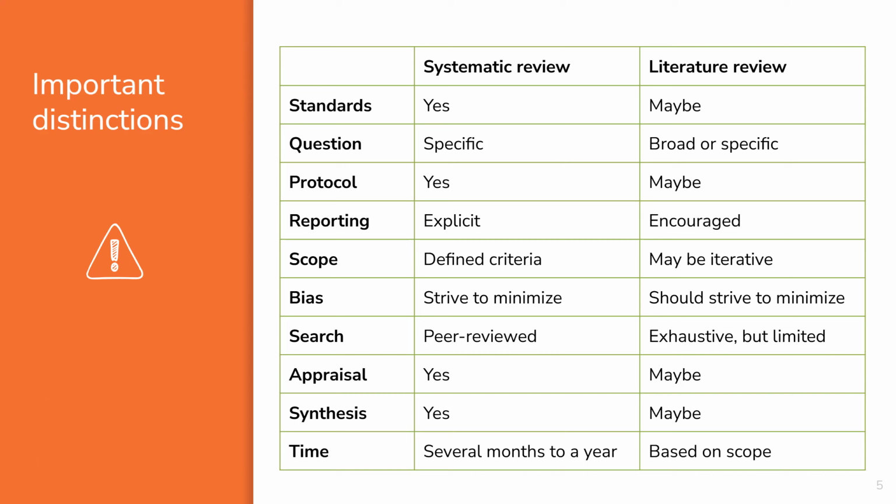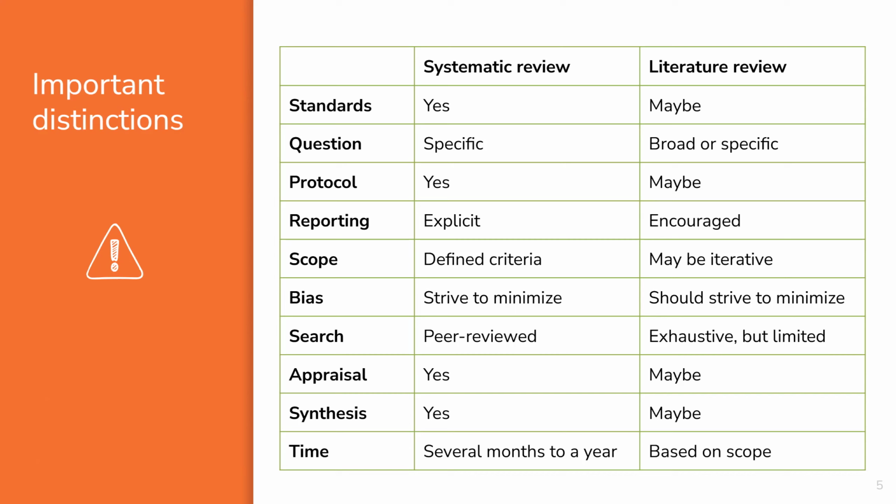The scope. So this is another defining criteria of a systematic review. The scope has to be defined upfront. So when we say scope, we're talking once again about our inclusion or our exclusion criteria. And as you'll recall, we looked at examples of eligibility criteria on the previous slide. However, when it comes to conducting a literature review, this could be a very iterative process.